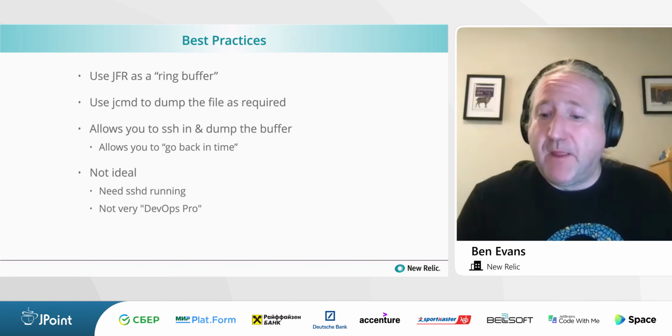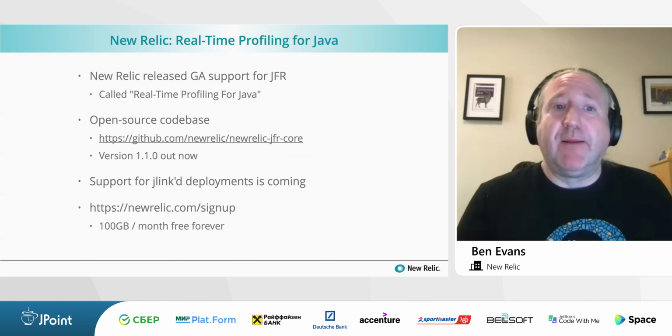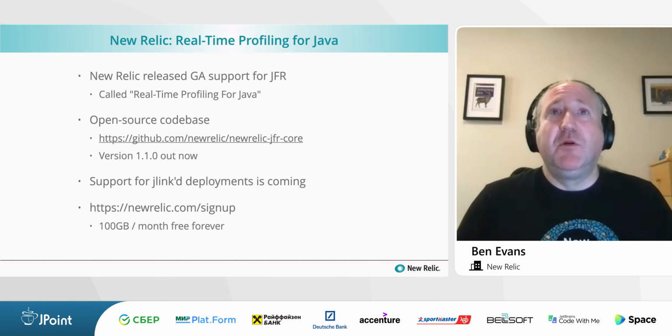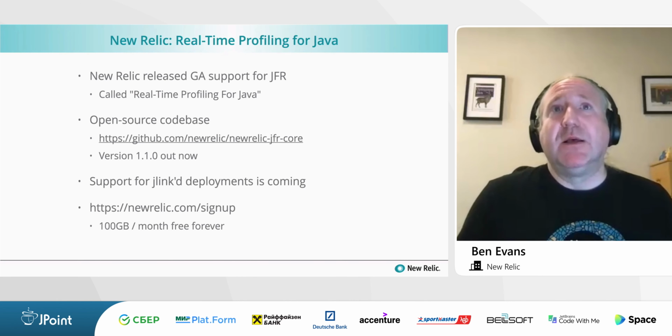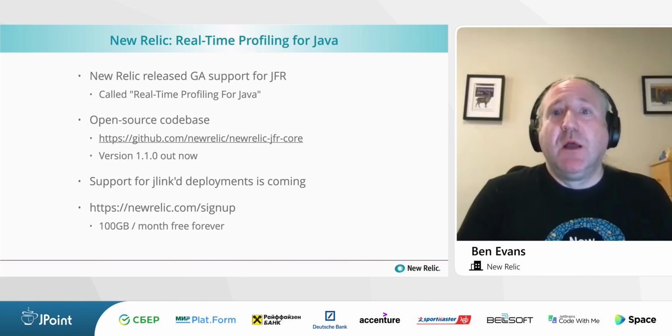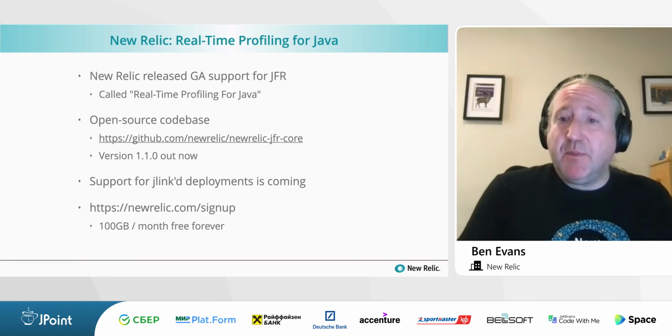came up with something new, which is what we call real-time profiling. So we have an open source piece of Java code, which you can install as a Java agent, or you can even dynamically attach it, or you can run it as an out-of-process JMX daemon if you don't like running Java agents. And what this does is basically collect JFR data and send it up into New Relic.